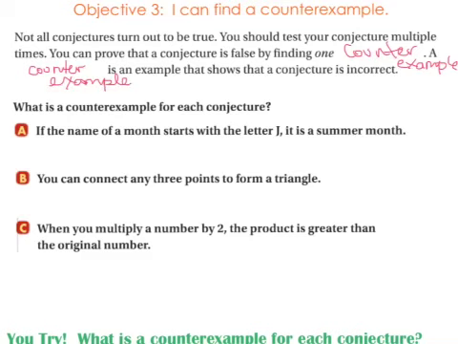All right, so A, B, and C will go over together. It says, what is a counterexample for each conjecture? So we just need to find an example that proves the conjecture false. So A says, if the name of a month starts with the letter J, it is a summer month. So all we have to do is think of a month that starts with the letter J that is not a summer month.